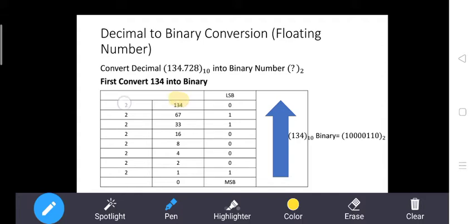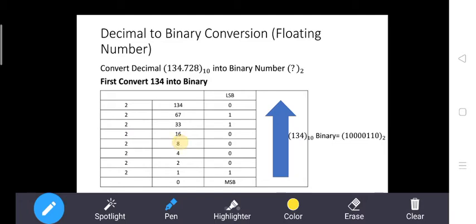134 divided by 2, answer will be 67, remainder will be 0. Next, 67 divided by 2, answer will be 33, remainder is 1. Next, 33 divided by 2, answer will be 16, remainder is 1. Next, 16 divided by 2, answer will be 8, remainder is 0.